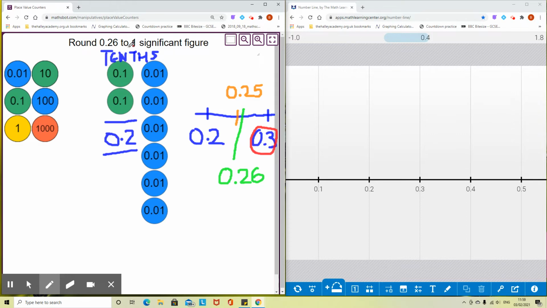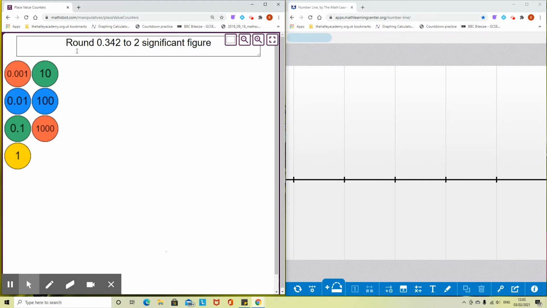Hence, 0.26 to one significant figure is 0.3. It's important that you use the number line, a rough sketch of it, to identify the rounded value.